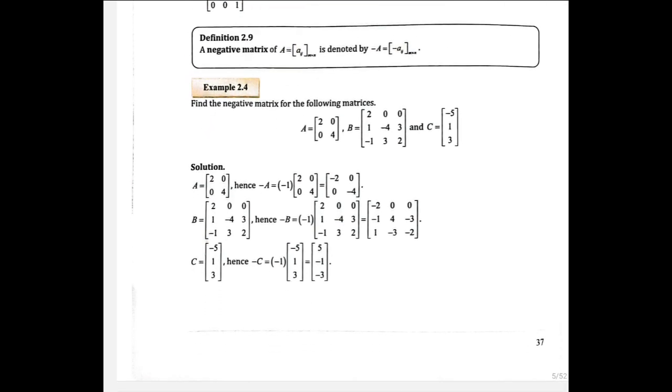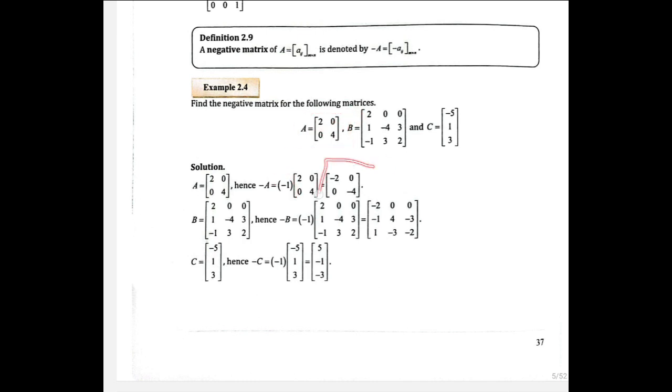Next, we have the negative matrix. The negative matrix means each element is multiplied by -1. For example, let's take a matrix A here multiplied with -1.